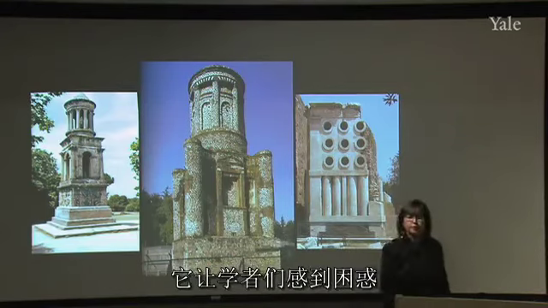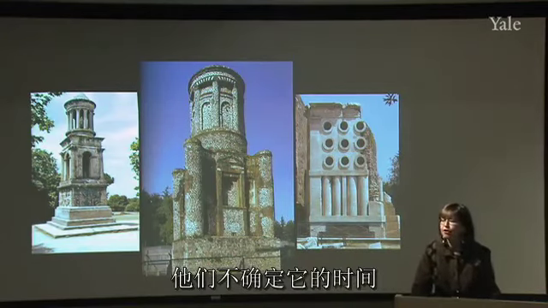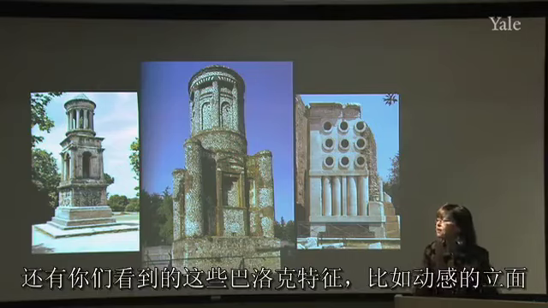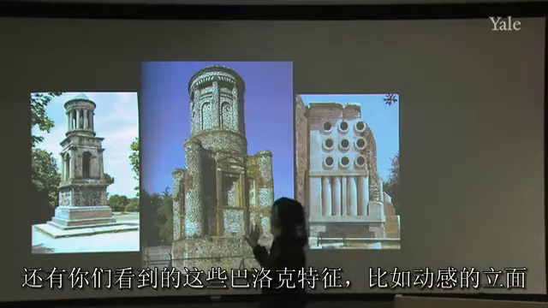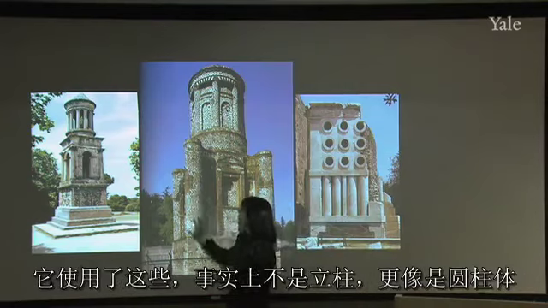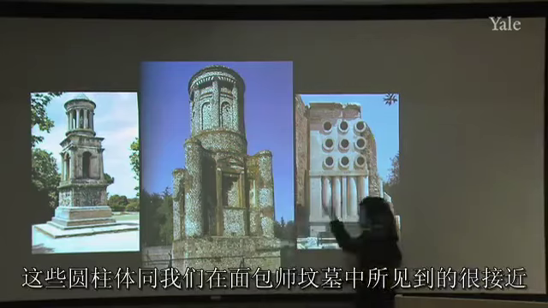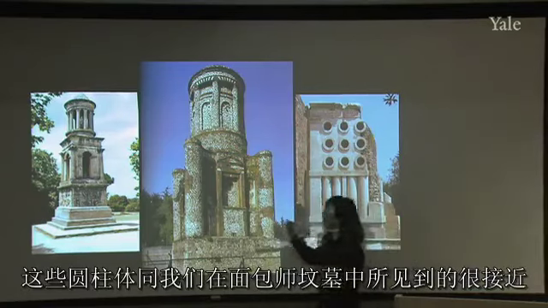This has confused scholars. They don't know when to date this, also because of these so-called Baroque characteristics, where you see this undulating facade with the use of, well, they're not really columns, they're more like cylinders, and in that sense similar to the cylinders that we saw in the tomb of the baker.